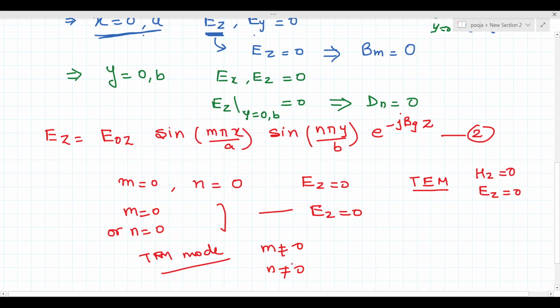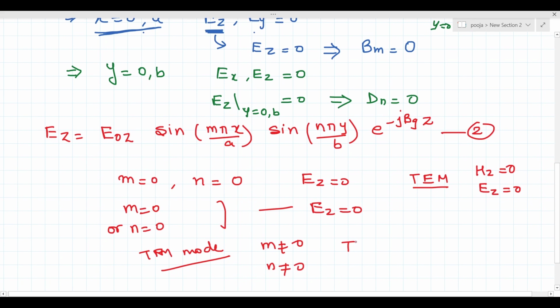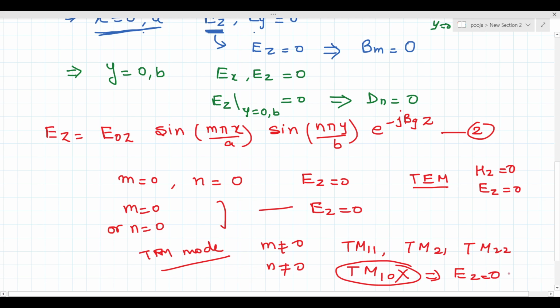They should not be equal to 0 for TM mode to exist within the waveguide. So the TM modes will be TM11, TM21, TM22, like this. There should not be any mode like TM10 or TM01, because this will give us Ez equal to 0 and the wave becomes a TEM wave, and the wave will not exist within the waveguide. So only these kinds of TM modes exist within the waveguide.